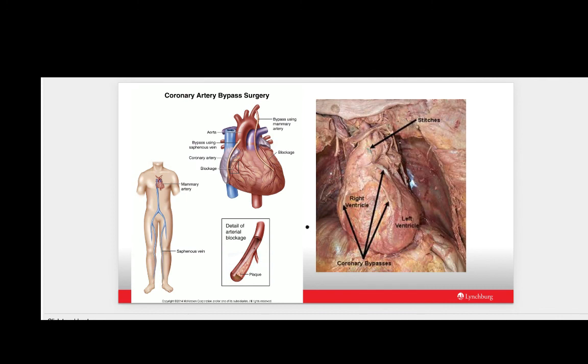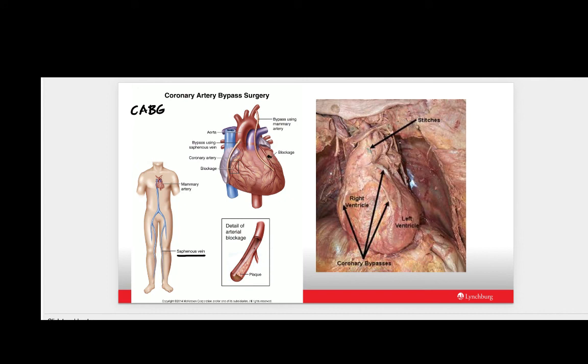So how do they treat this? Well, they do a coronary artery bypass surgery. We call these CABG, coronary artery bypass grafting, where they harvest a vein, typically a large, really superficial vein in your leg, cut that out, and attach it, routing it around the blockages.